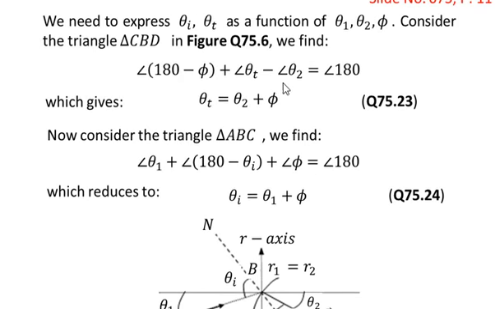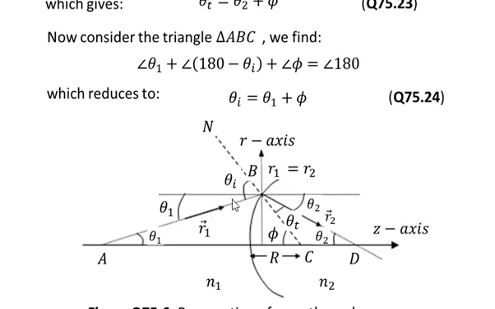So according to math it should be plus angle theta 2, but according to our sign convention in optics we are using minus angle theta 2, and the sum is equal to 180 degree. Solving this equation for theta t, we get theta t is equal to theta 2 plus phi.